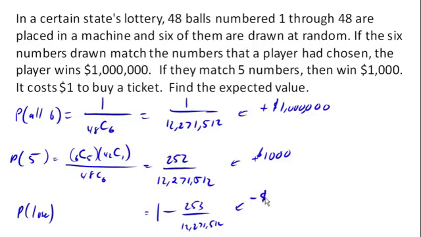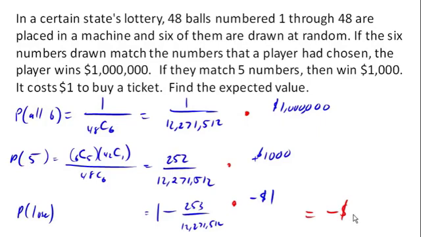So to compute our expected value here, we're going to multiply this probability times this outcome, this probability times this outcome, and this probability times this outcome, and add those up. And when we do, we get a value of about negative 0.898.